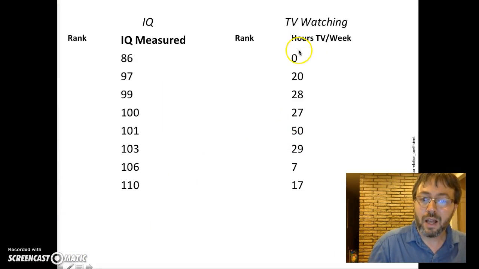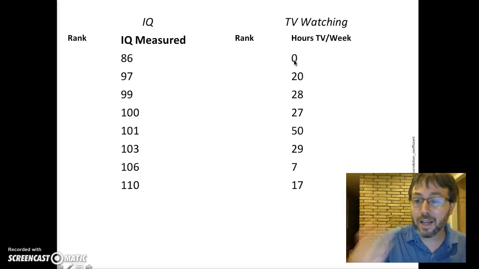And the hours of television watching would also be converted into a rank score. So instead of using the actual number of hours of television, we would consider how each value is related to the others, and we'd rank them from lowest to highest.